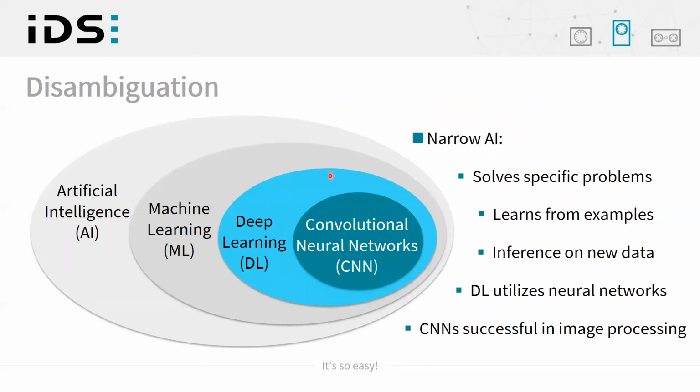And another subclass within this deep learning field is convolutional neural networks. And these are the algorithms I am talking about today and that you can train on Lighthouse and that you can run on the camera. And these algorithms are particularly successful in image processing.